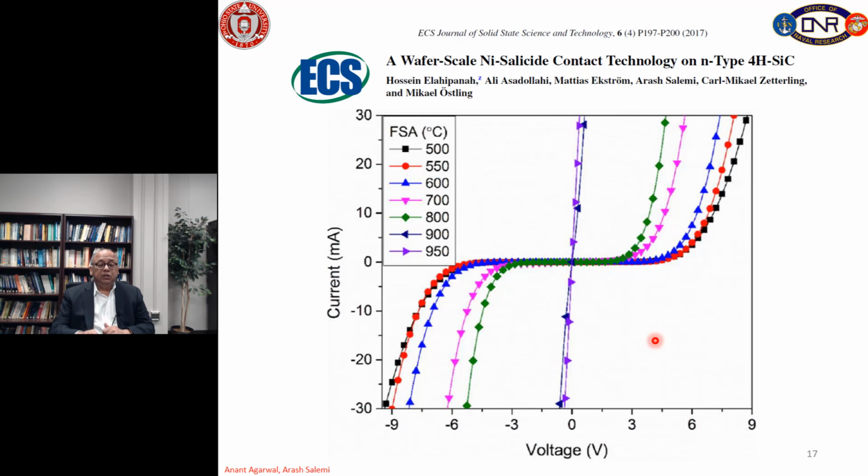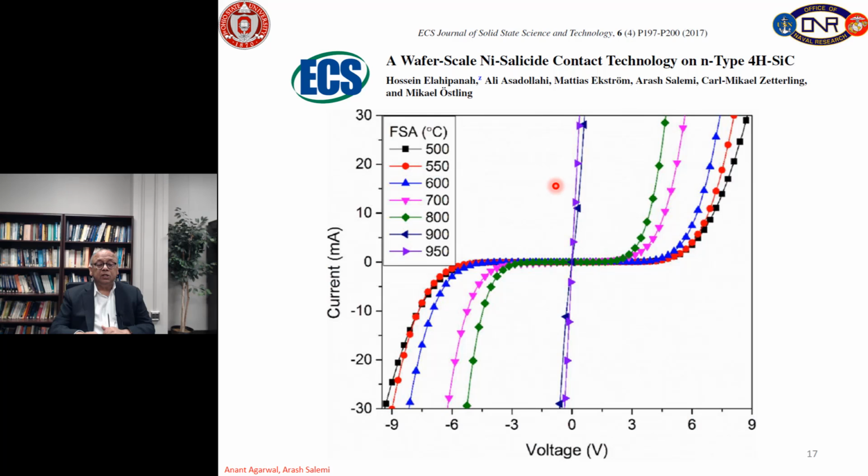So, that case has been shown here in a very nice paper on the contact technology between nickel and silicon carbide on 4H silicon carbide, and my associate Dr. Arash Salmi is one of the co-authors in this paper. I would highly encourage you to read this paper if you're interested.